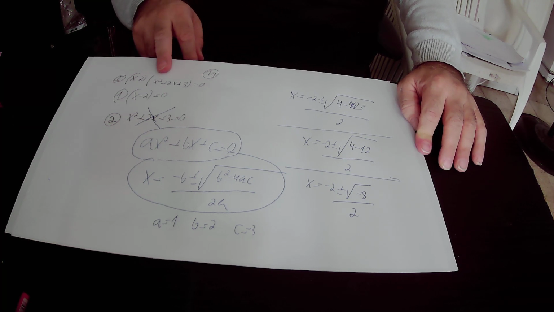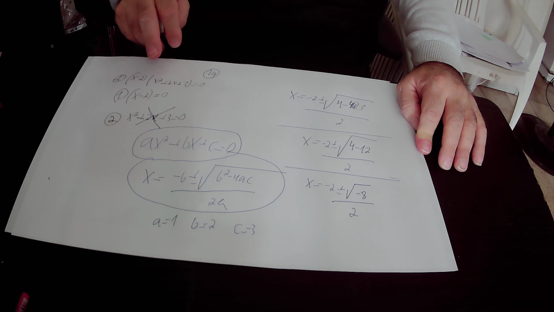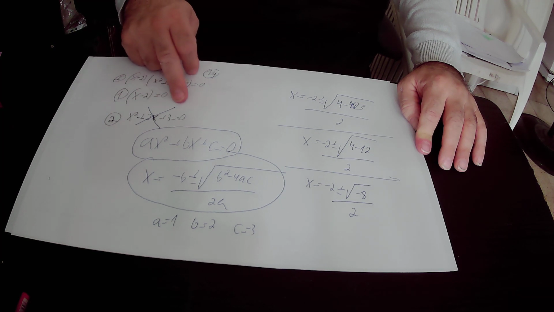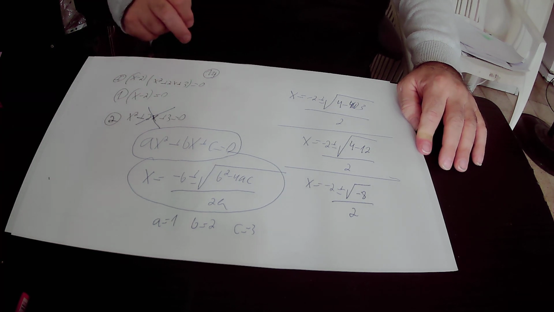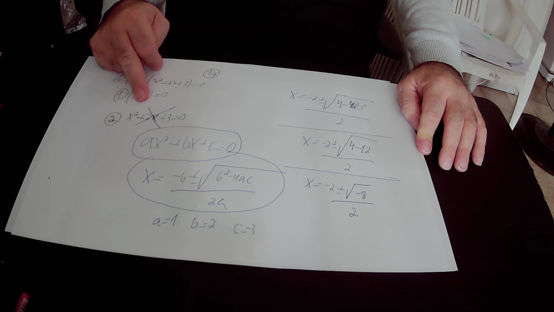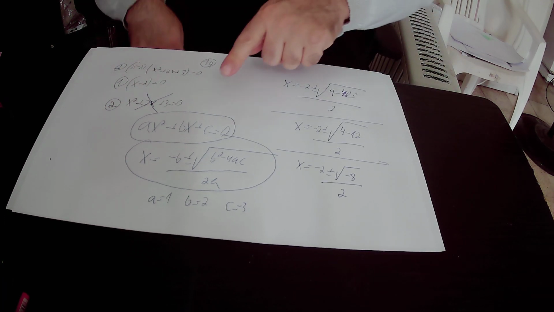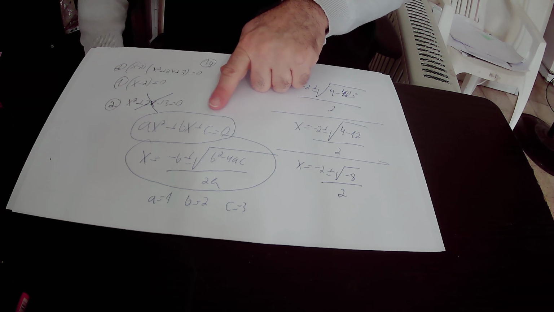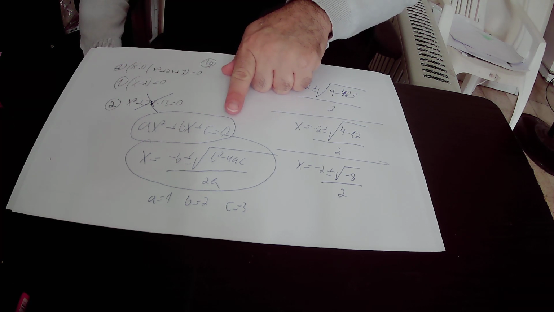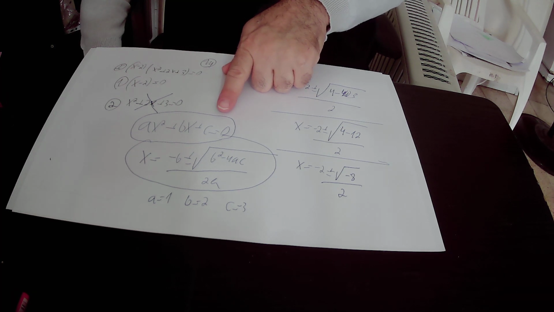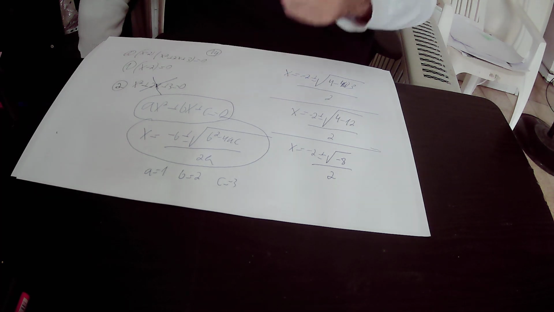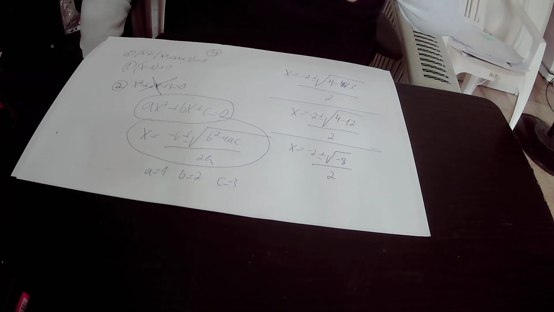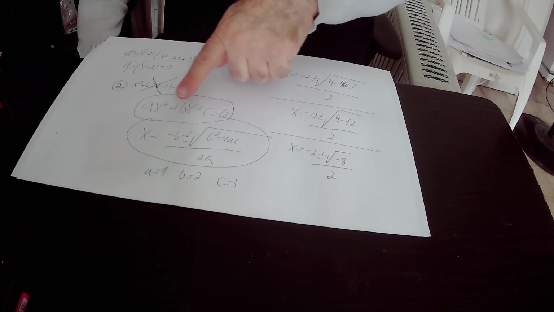So we focused on the second solution, that x squared plus 2x plus 3 equals 0. We solved this quadratic equation in order to find out the value of x. The general form of a quadratic equation is ax squared plus bx plus c equals 0, where a, b, and c are the coefficients of the quadratic equation, and x is the variable that we are looking for, and we will find the value of x by using a special formula.